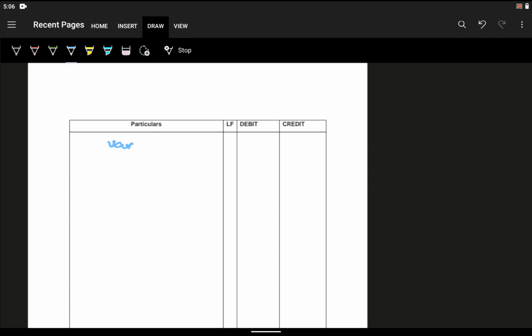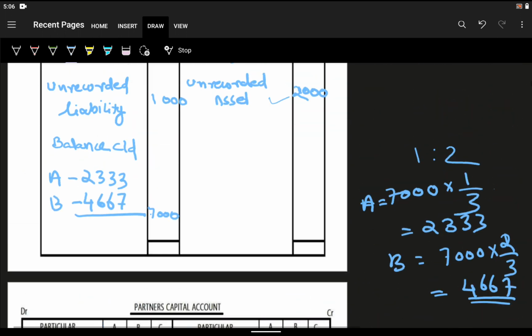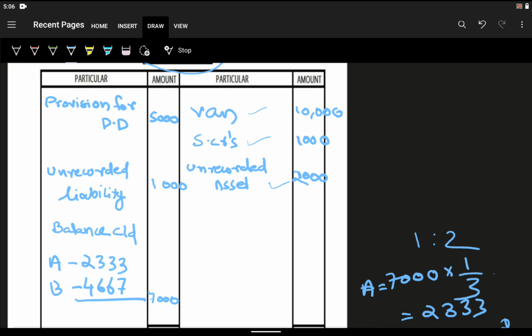Van account debited to revaluation 10,000. Okay, you want to write narration also. I am not writing narration right now because we want to save time in the video. Okay, so 10,000. And what is the next one? Sundry creditors 1,000 and unrecorded asset 2,000.